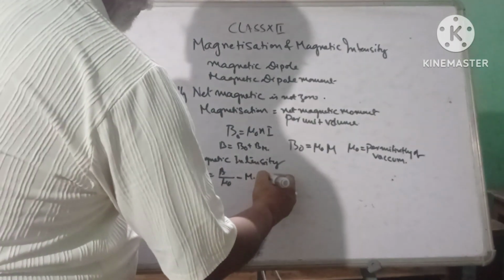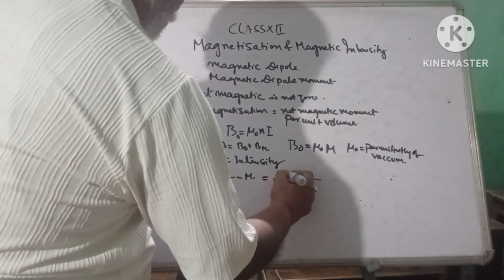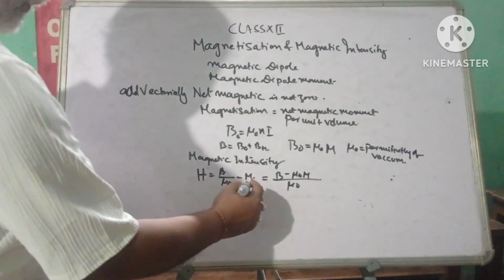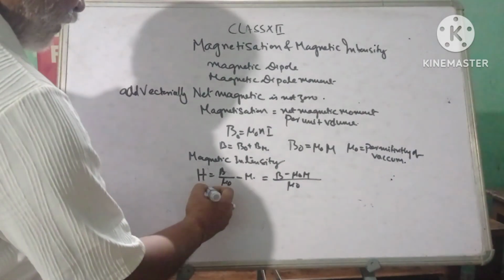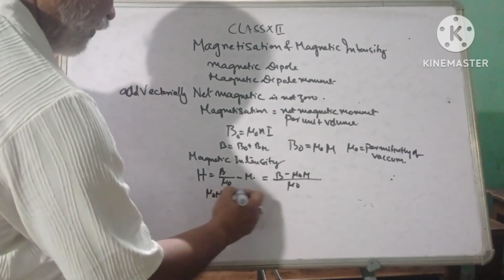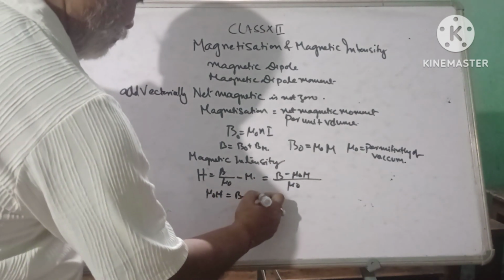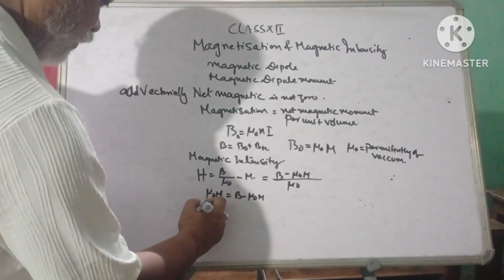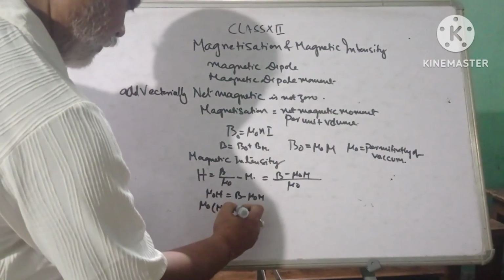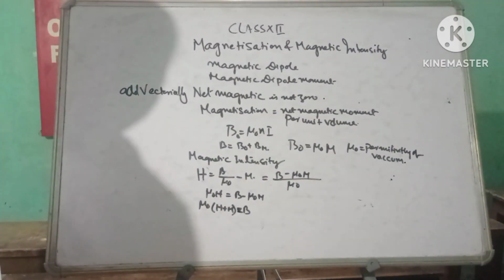So here if you take the LCM, mu naught, that is B minus mu naught M. So here again this becomes mu naught H, this is equal to B minus mu naught M. So this will be mu naught, that is H plus M, that is equal to B. This is your magnetic field.